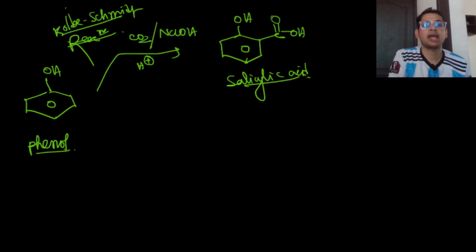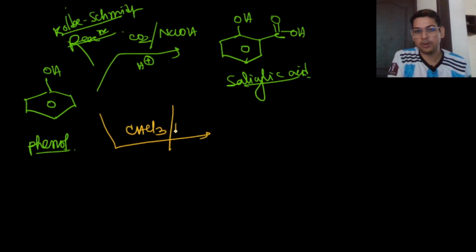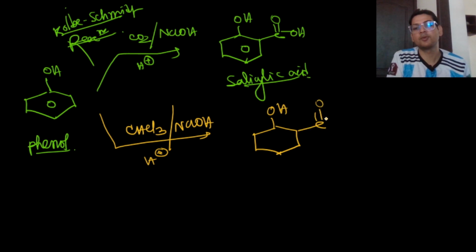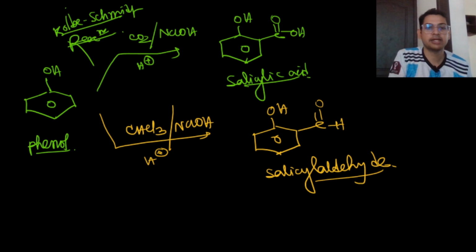And from phenol, if you react this with chloroform and KOH or NaOH, with hydrolysis as the last step, then you will get OH and C double bond OH. The name of this molecule is salicylaldehyde.